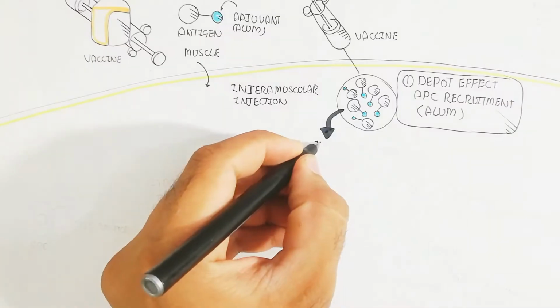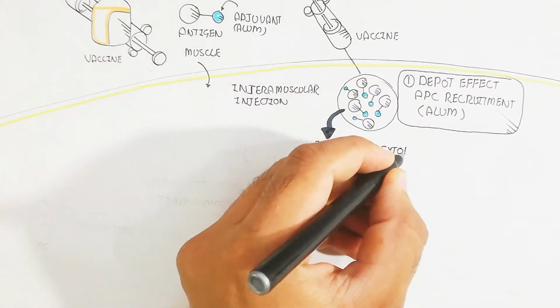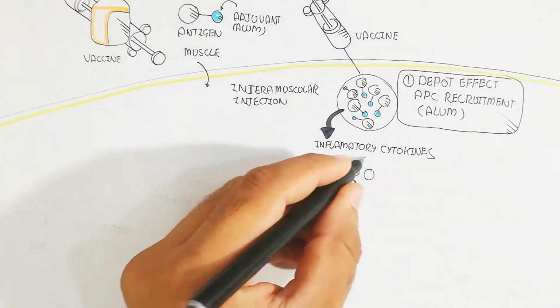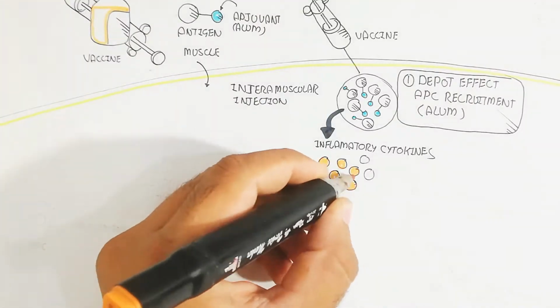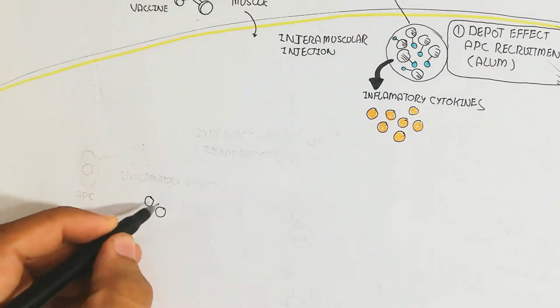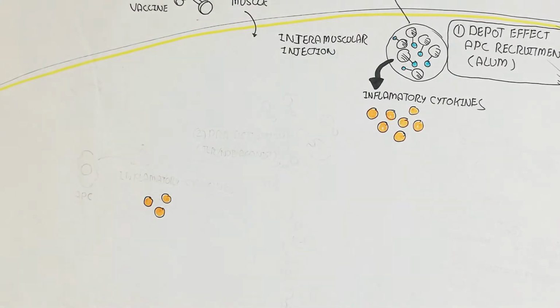After this, inflammatory cytokines will be produced. These inflammatory cytokines will recruit the antigen presenting cells or dendritic cells from the blood circulatory system.